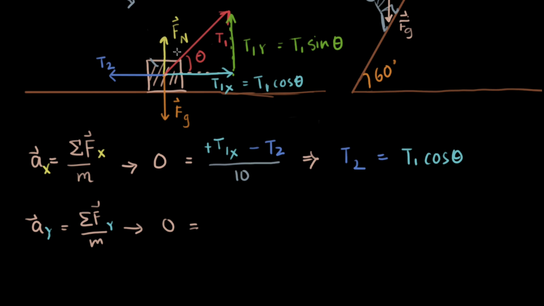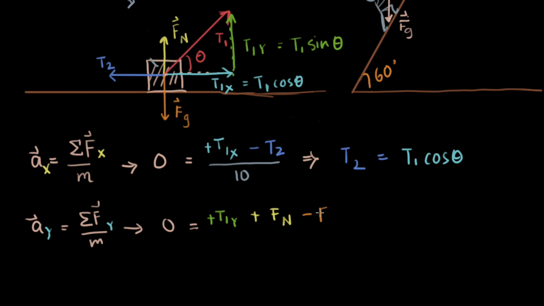We have the normal force that's in the positive, and the T1 sub y, the vertical component of T1, that is also in the positive, that is upward. Both are in the positive. And we have a negative force acting downwards, that is the force of gravity.